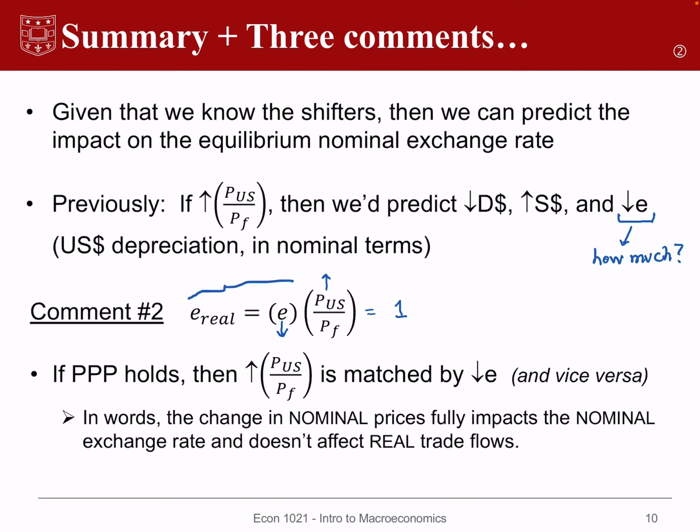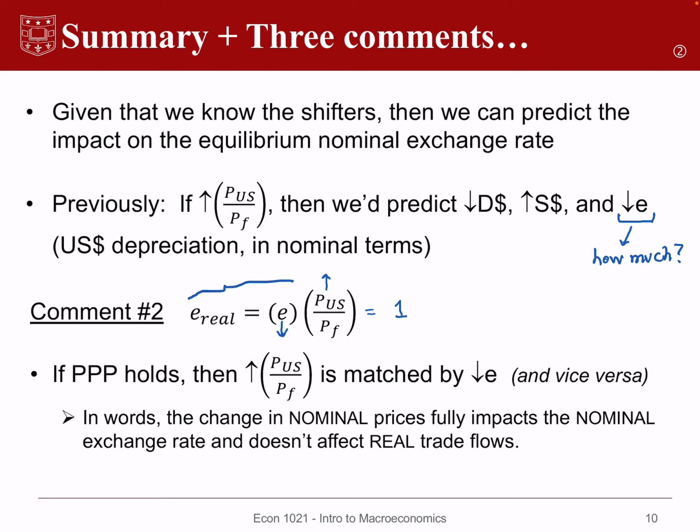What does that mean? In words, as stuff in the US becomes more expensive, we see a depreciation in the value of the dollar that fully reflects that. So if prices are twice as high in the United States, you're going to get half as much foreign currency. As a result, nominal price changes are going to fully impact nominal exchange rates and don't affect real trade flows.